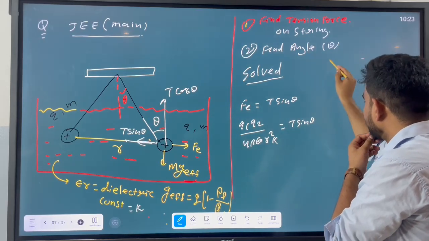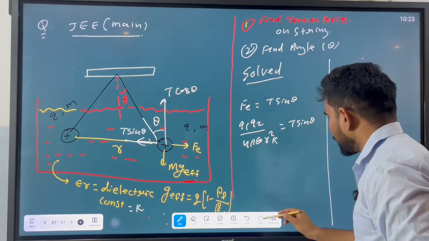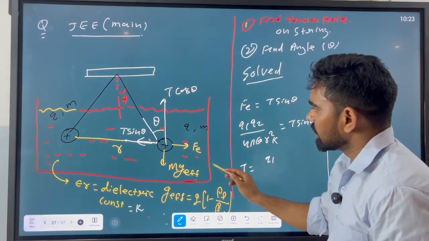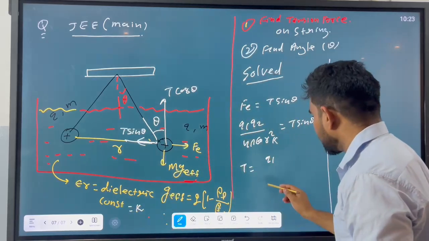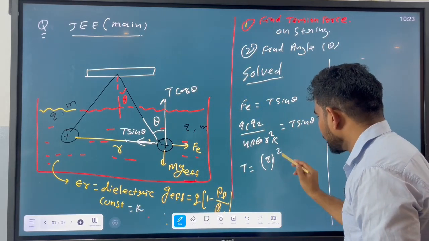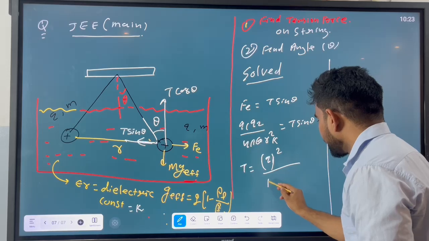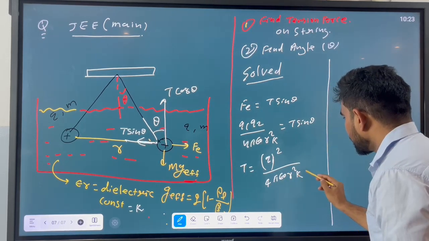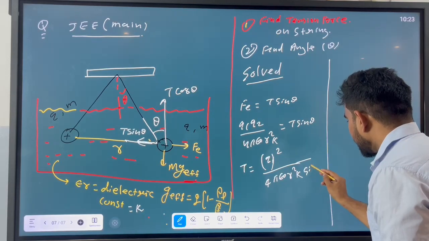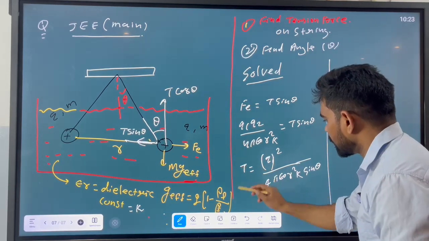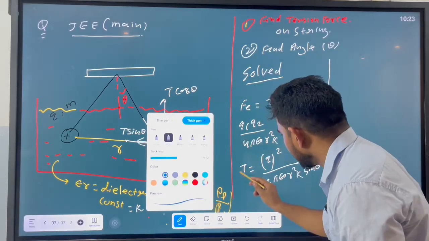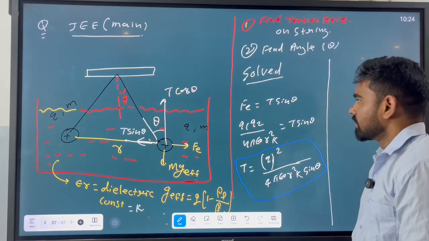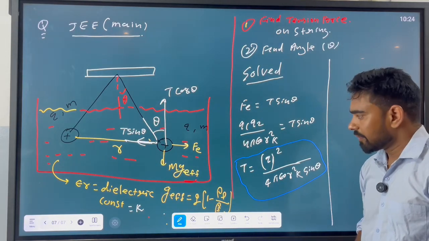If we want to calculate the tension force, T equals Q1 times Q2, and here both charges are equal, so we can write Q square divided by 4 pi epsilon naught R square K times sin theta. This is the value of the tension force, and it is a most important concept for your exams.